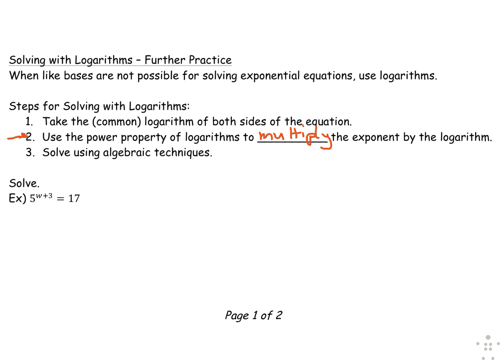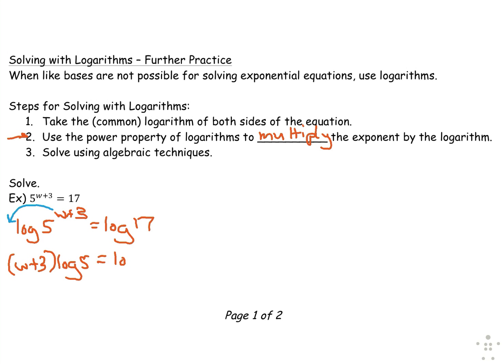So here we have a variable in the exponent, and so I could take the common log of both sides because the logarithm has that power property that allows you to move the exponent down in front as a multiplication. Use parentheses when bringing down that exponent.